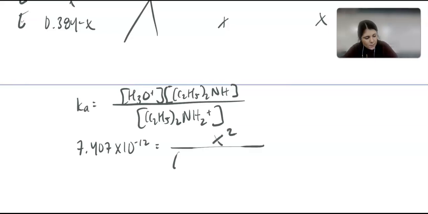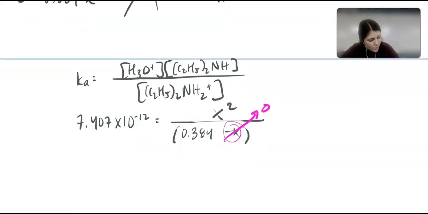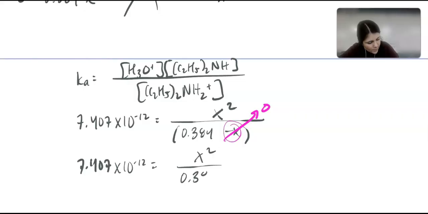This is X squared over 0.384 minus X. And so now here we can take X as negligible. So let's get rid of this, because I'm not trying to do the quadratic. Then we have X squared over 0.384.